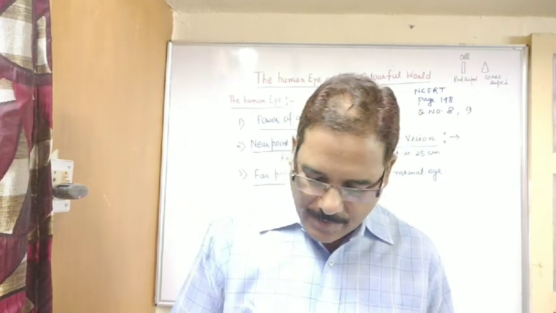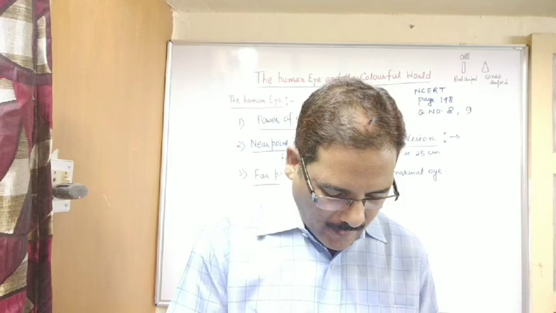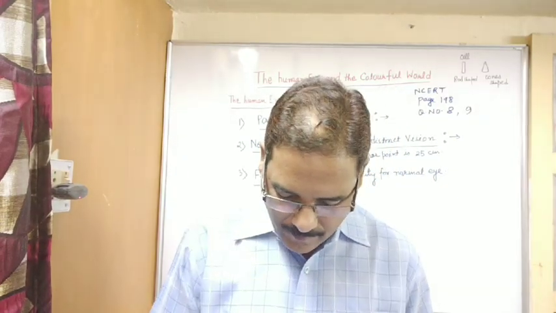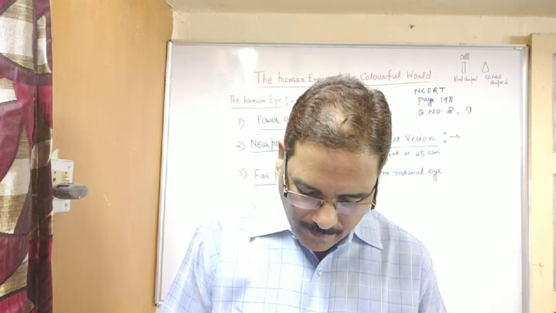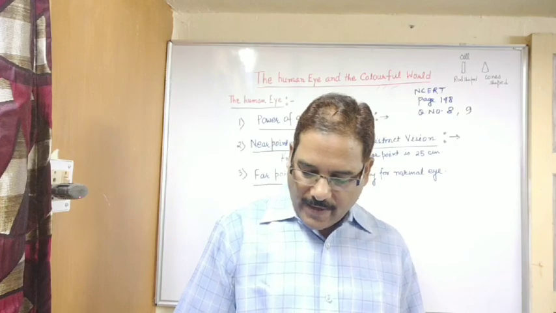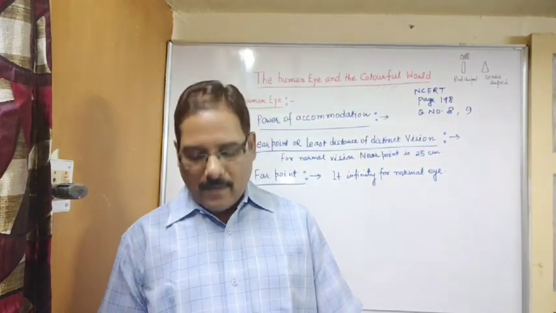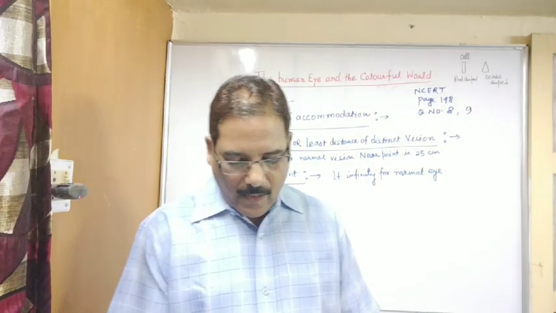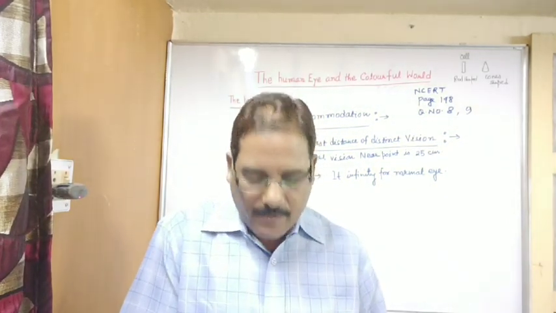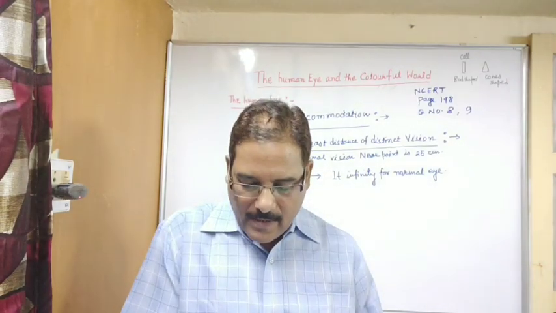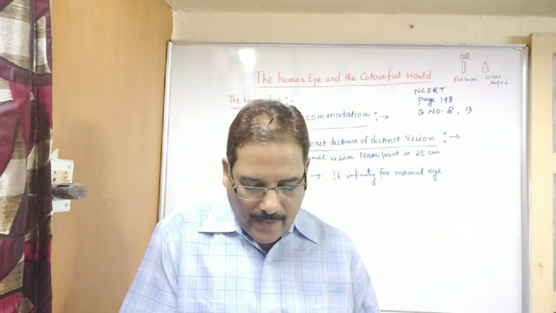Then we have some objective questions. For example, on page 197, question number 1: the human eye can focus objects at different distances by adjusting the focal length of the eye lens.